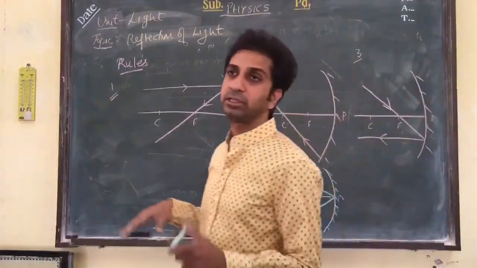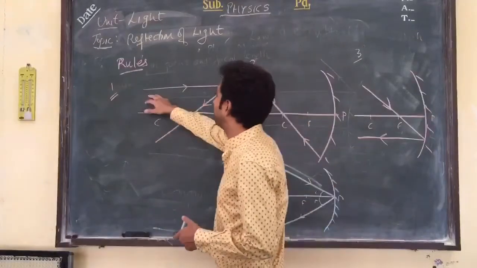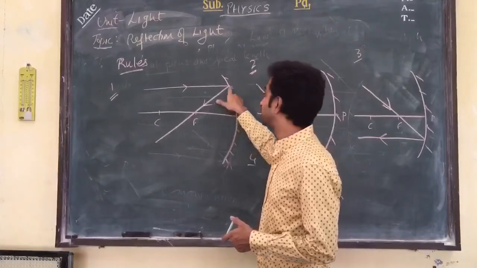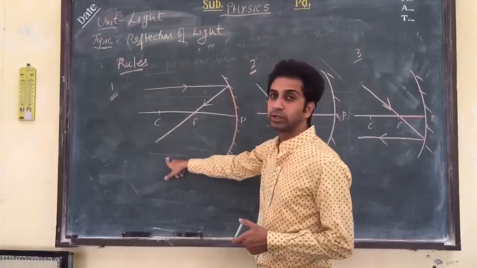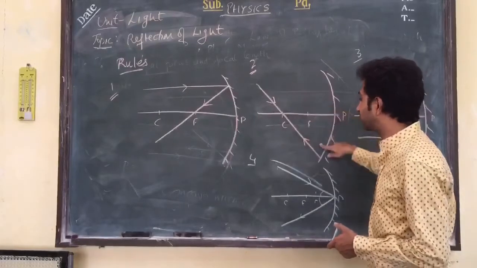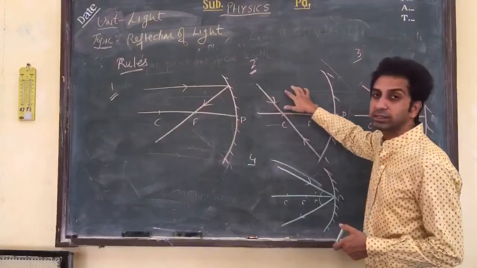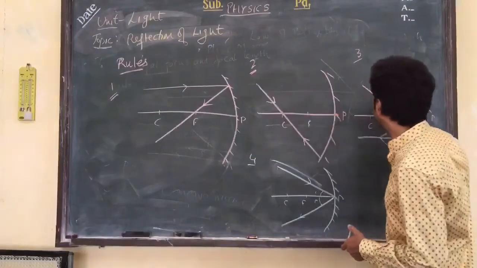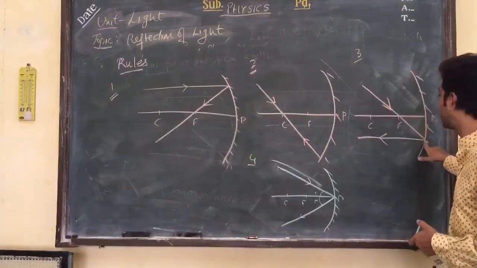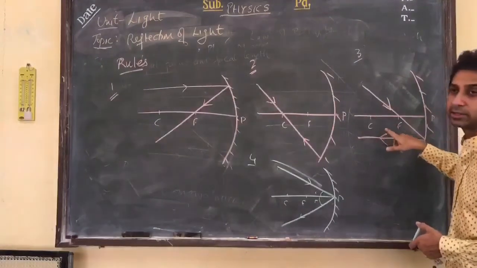I am just summarizing once again. Rule number 1, if the ray of light is traveling parallel to the principal axis, then after reflection it passes through the principal focus. Rule number 2, if a ray of light passes through the center of curvature, then it will retrace its path along the same manner. Rule number 3, if a ray of light passes through the principal focus, after reflection it gets parallel to the principal axis.